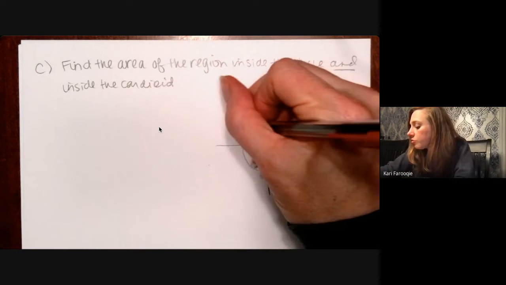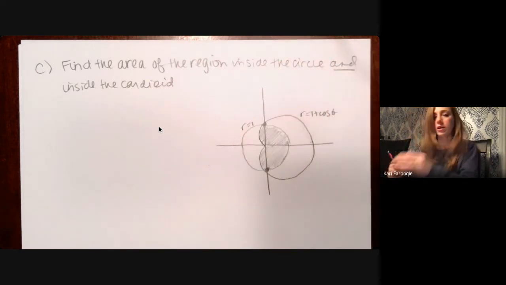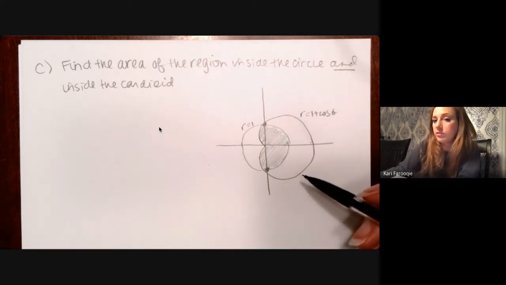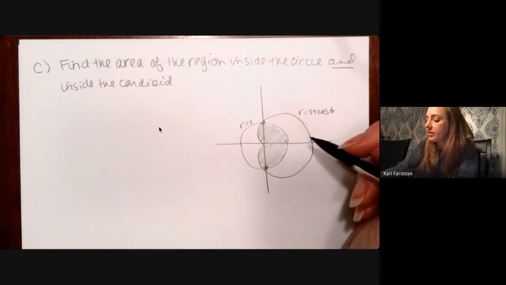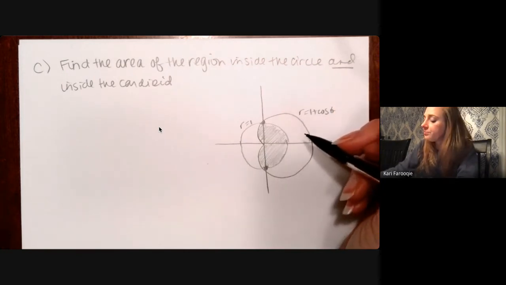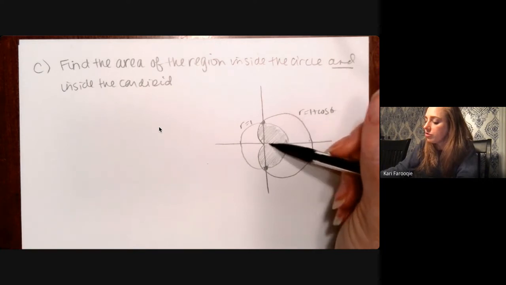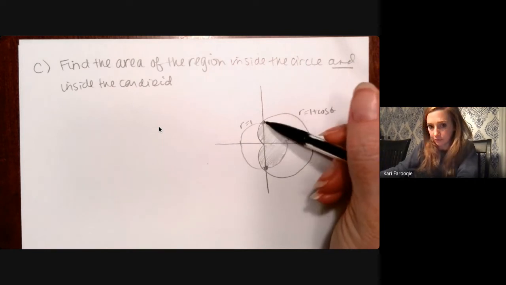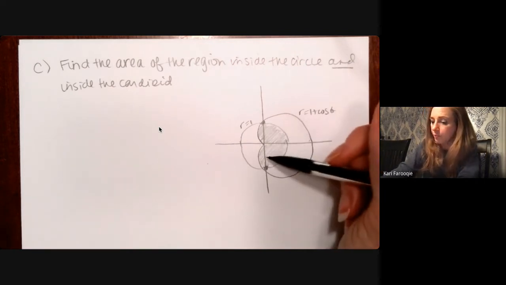So here's r equals 1, and this was r equals 1 plus the cosine of theta. Now we already know they intersect at pi over 2 and 3 pi over 2. So we have that. So here's my plan. I'm going to get the area of the region in quadrant 1, and then I'm going to add that to the area of the region in quadrant 2, and I'm going to multiply both of those by 2.